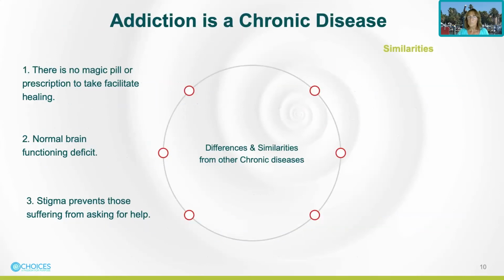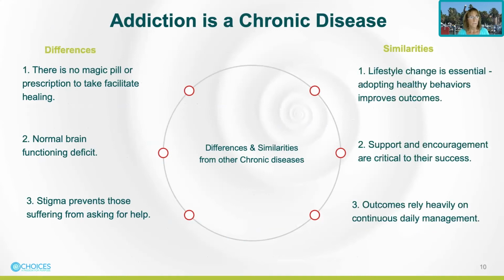I want to look at some differences between substance use disorder and some similarities, and chronic disease. In substance use disorder, there is no magic pill or prescription to take to facilitate healing, to guarantee the road to wellness.